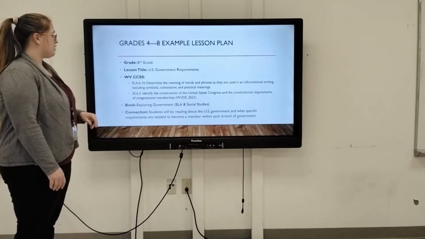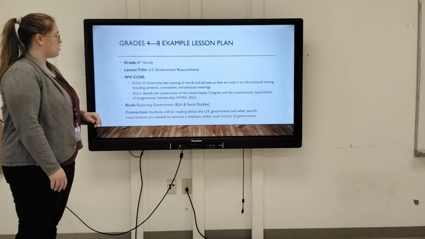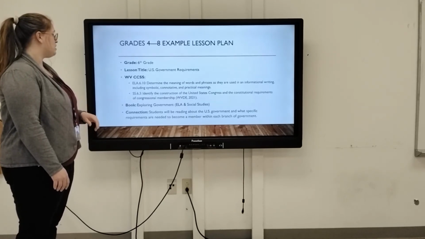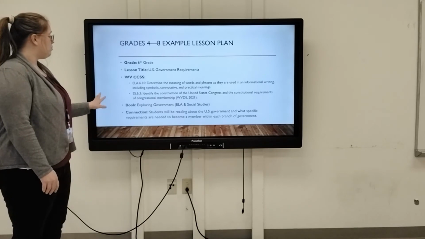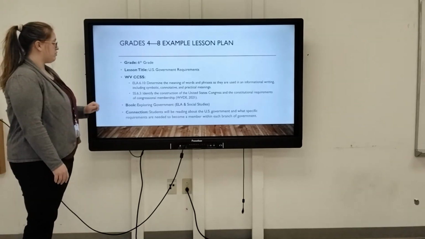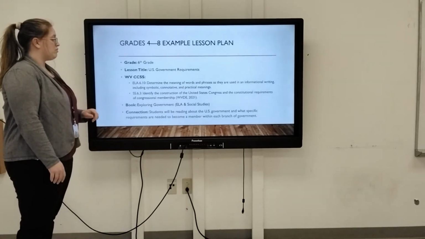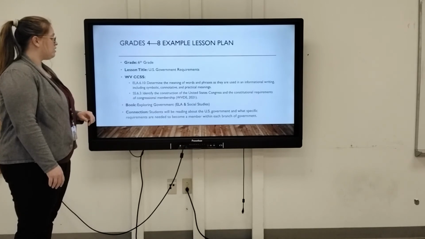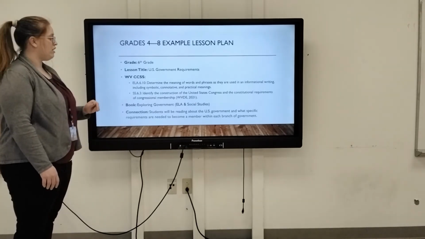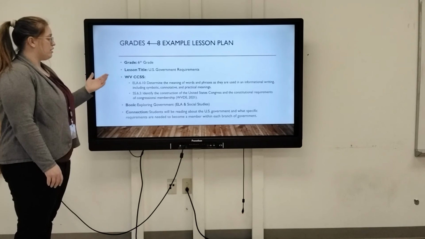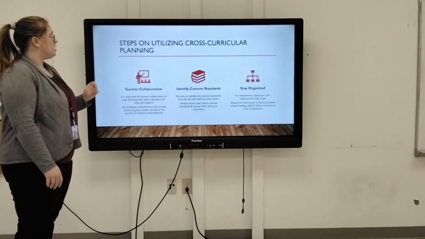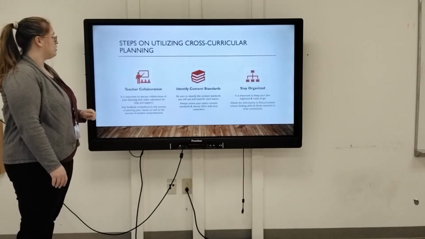They'll also identify the construction of the U.S. Congress and the constitutional requirements of congressional membership. The book I've chosen for this is Exploring Government. Students will be reading about the U.S. government and what specific requirements are needed to become a member within each branch of government, drawing together the literature and the social studies.